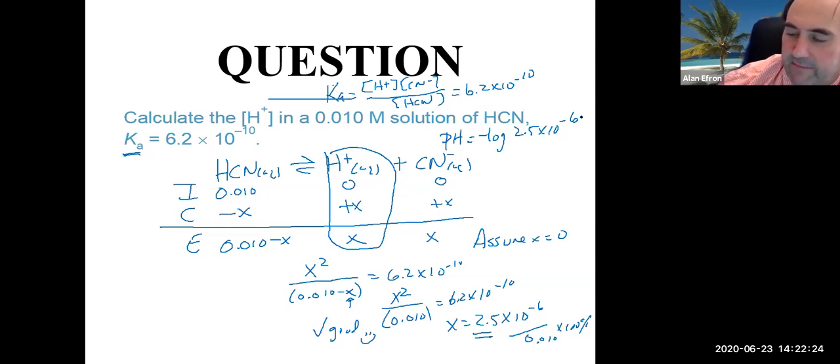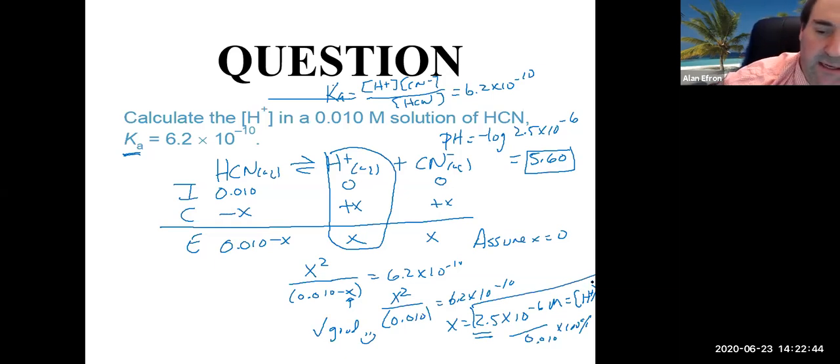That's better. 5.60 looks like in this case, which is acidic. And again, our H plus concentration would be this here, which is really what the question was asking.